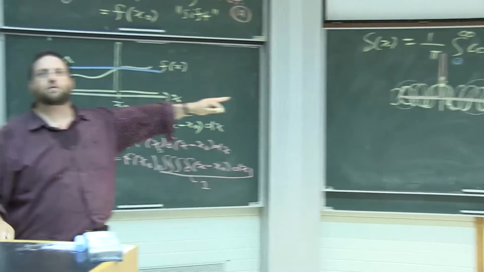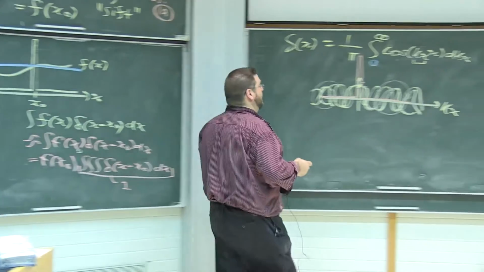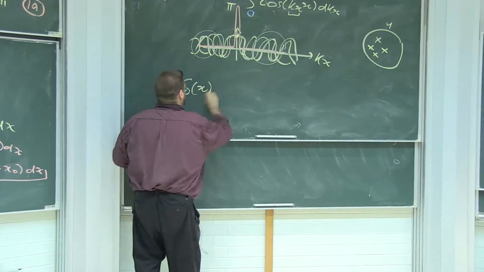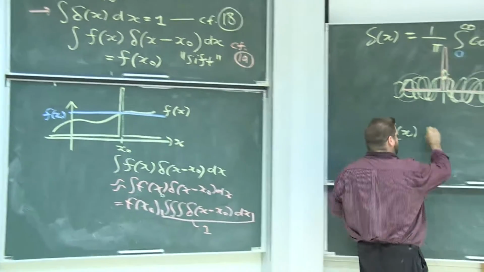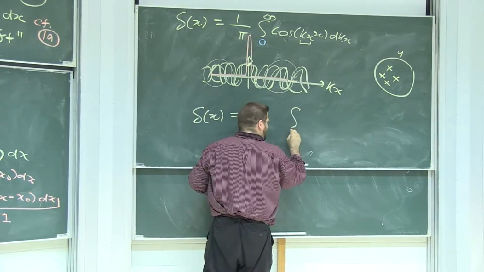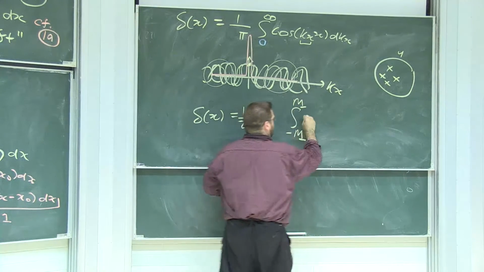But that's unsatisfactory. That's a picture, that's a hand-waving argument. How do we render this more precise? It's the following. And the key is this idea of limits of functions. I look at this integral representation of the Dirac delta, and instead of having infinite limits, let me have finite limits.